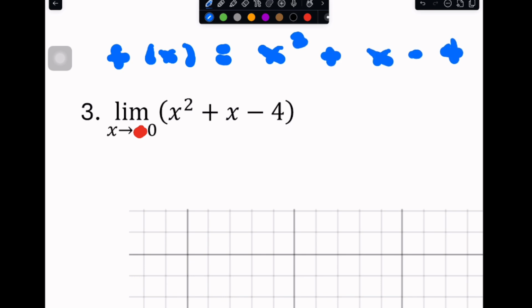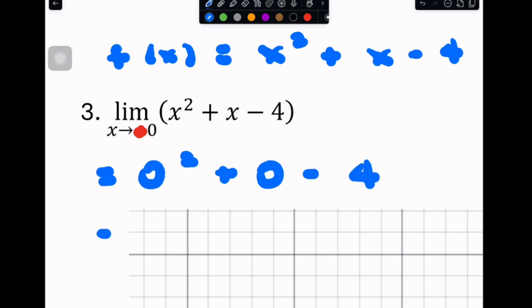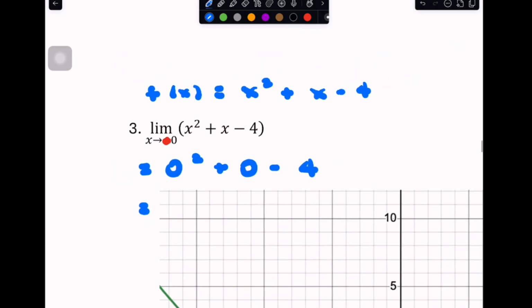Okay, what do I have to do then to evaluate this limit? Plug in what number? 0 squared plus 0 minus 4. Do you guys know what that is by order of operation? It's negative 4. This is your answer. This is the limit value. This is your L. Easy peasy lemon what? Lemon squeezy.